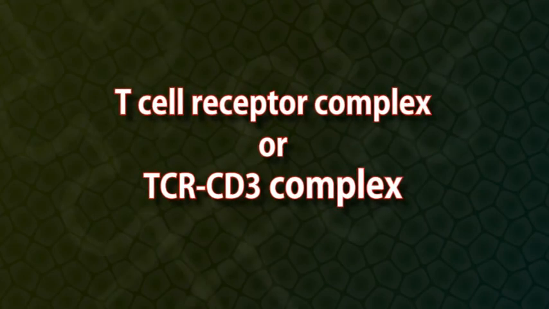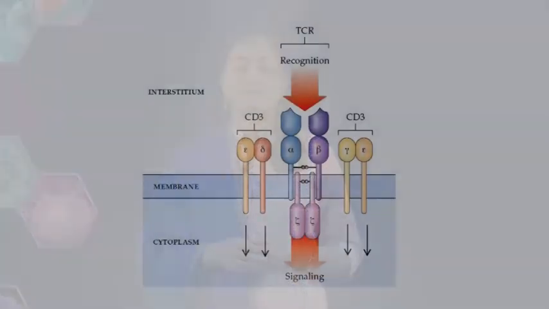T cell receptor complex, or TCR CD3 complex. The T cell receptor associates with the membrane protein CD3, forming the TCR CD3 membrane complex. CD3 participates in signal transduction after interaction of a T cell with antigen. It does not influence interaction with antigen.